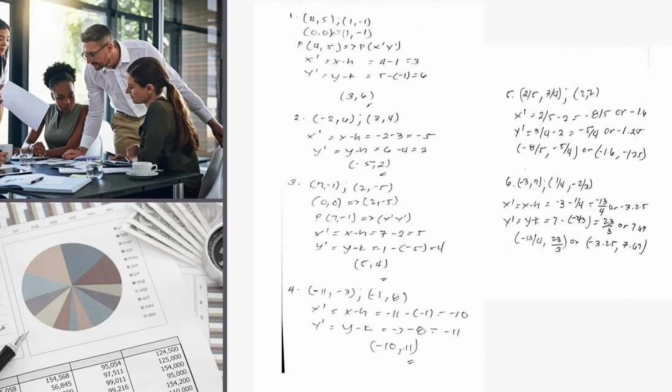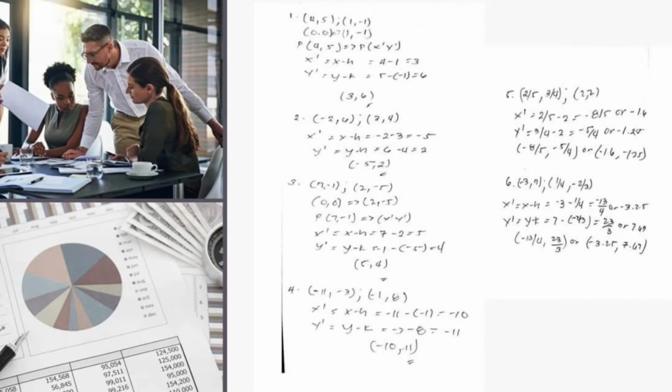If we substitute, it is equal to negative 2 minus 3 is equal to negative 5. So negative 5 is our x prime, while the y prime is y minus k. It is equal to 6 minus 4 is equal to 2. Therefore, we have P prime, which is (-5, 2).